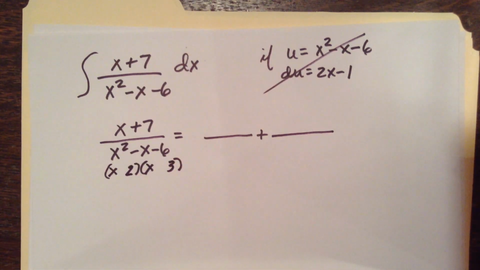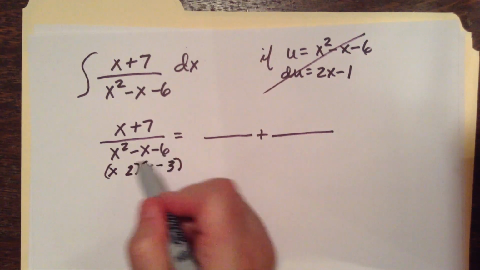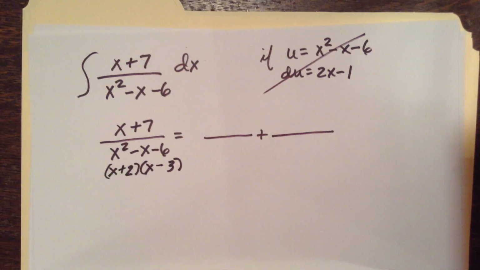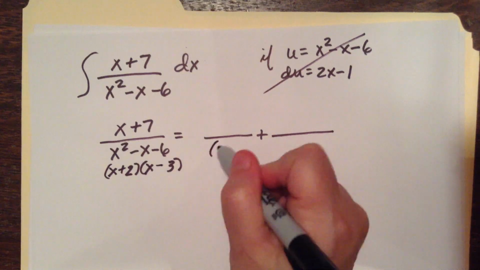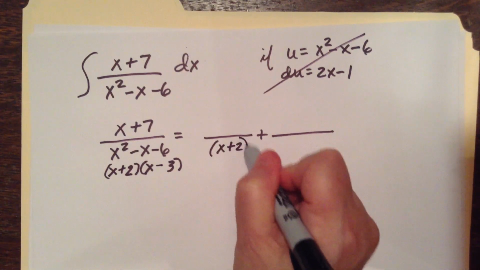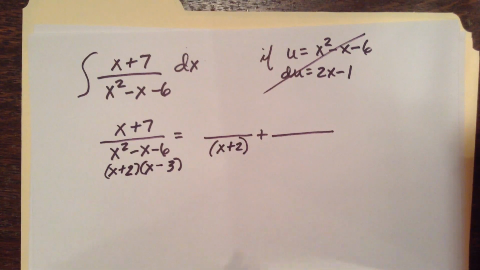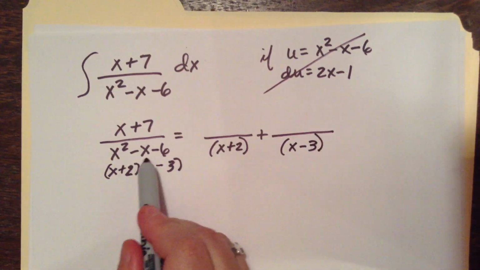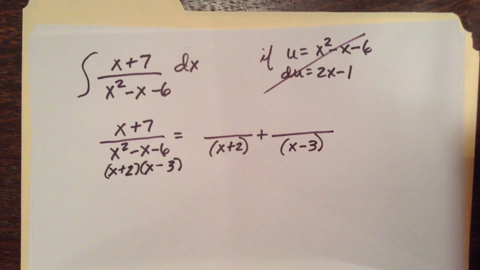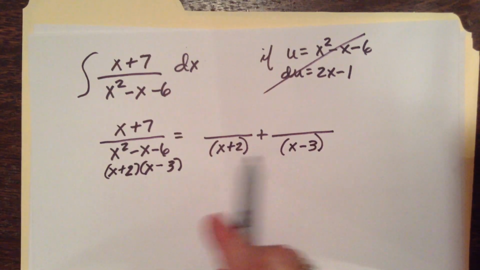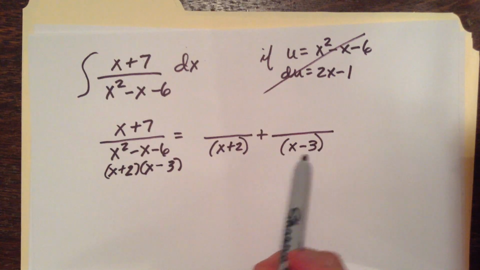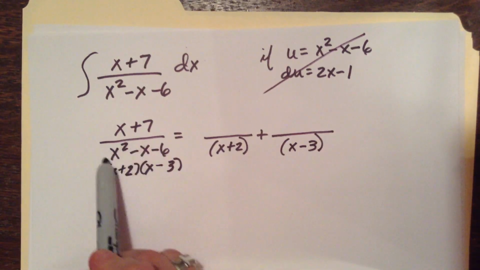We want the middle term to be negative. So the product of these two binomials will give us this trinomial. So one of the factors would be x plus 2, and the other factor would be x minus 3, because those will give you the product of these two linear factors, which will give us this denominator.